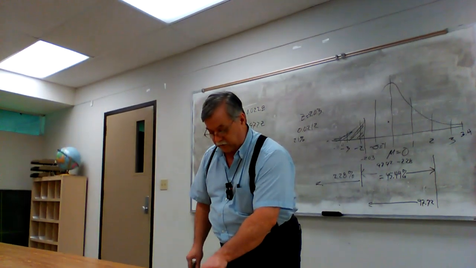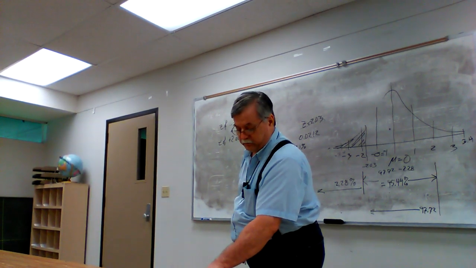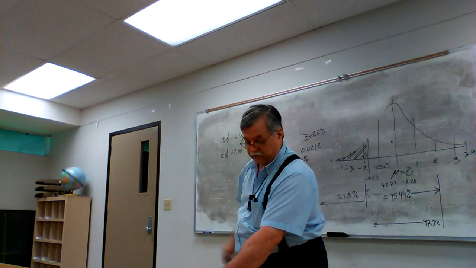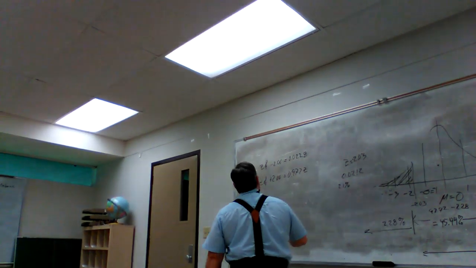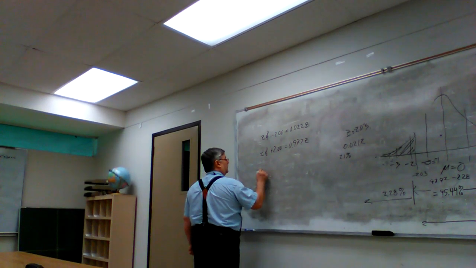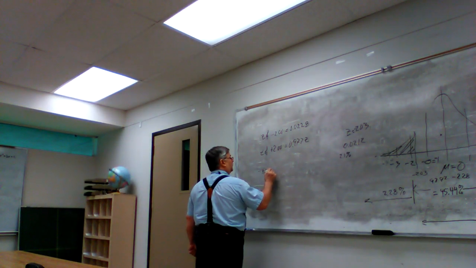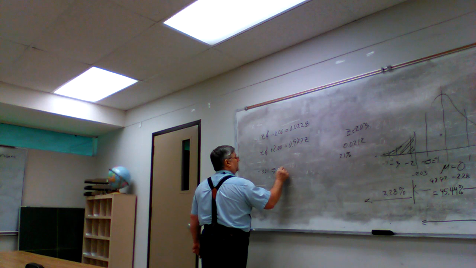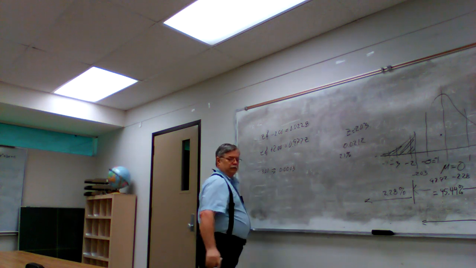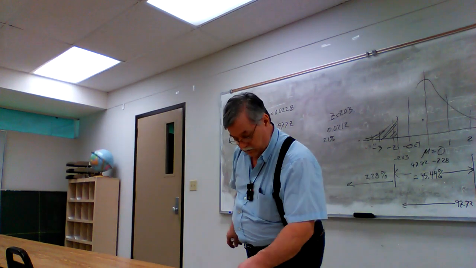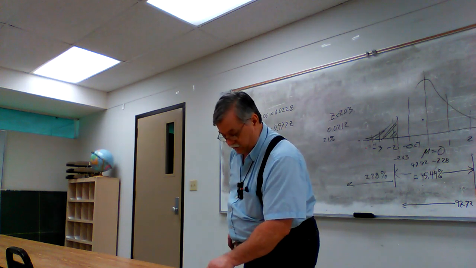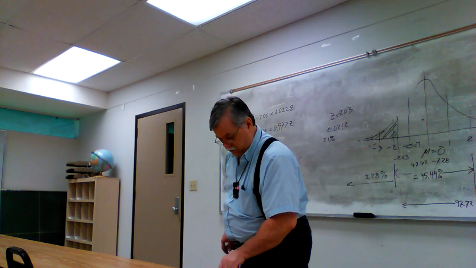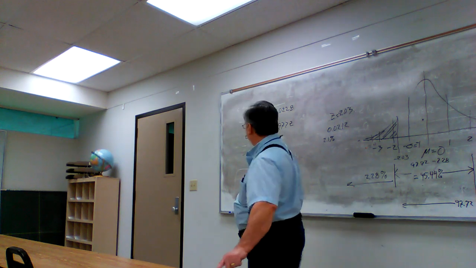If we go to minus 3, we find our probability of less than minus 3 is 0.0013. Get that right? Yep. And plus 3 would be 0.9987.